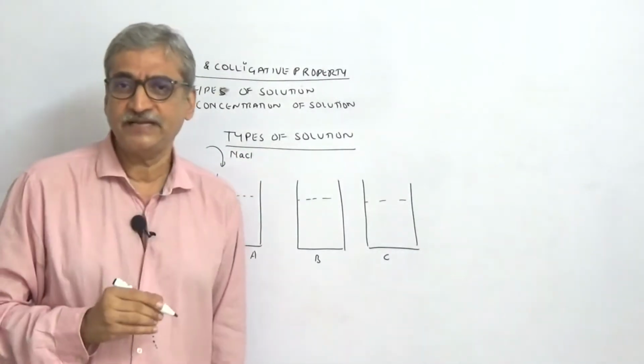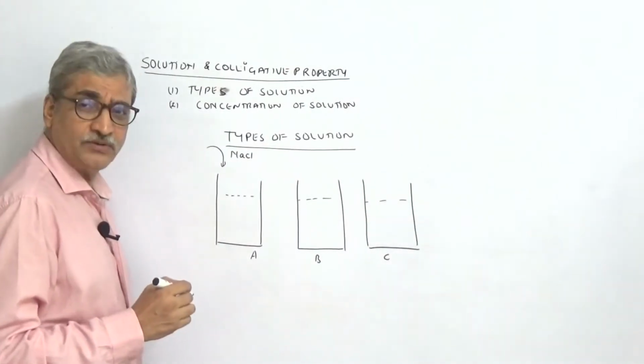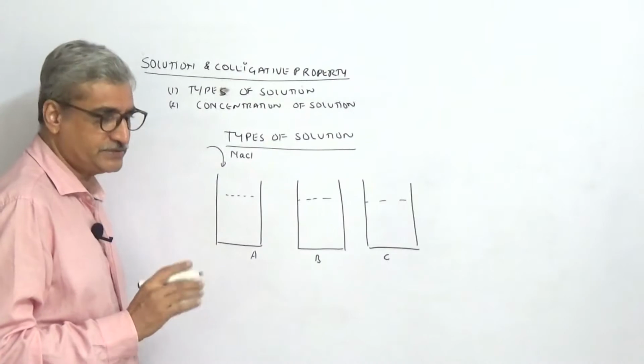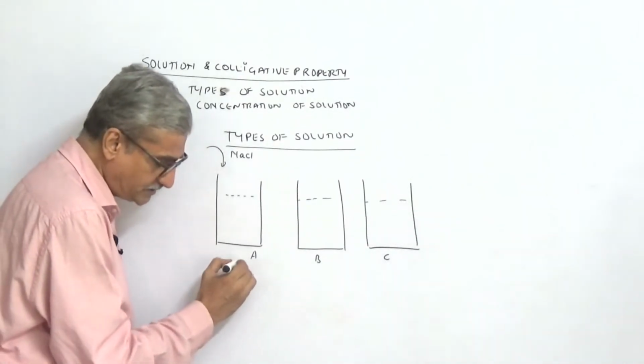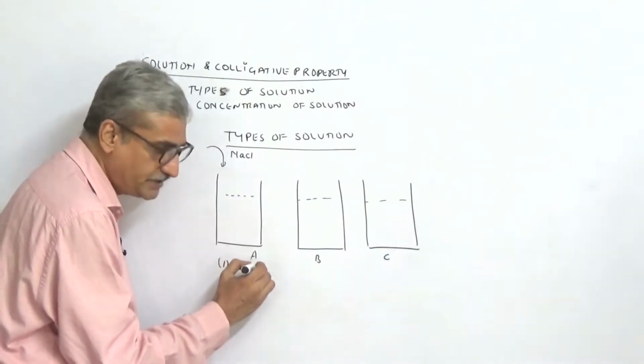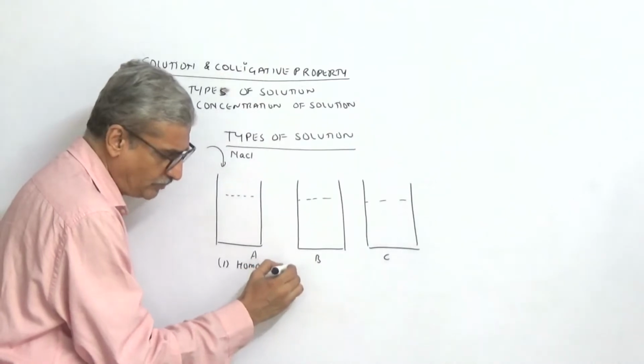We know what happens: it dissolves and dissociates completely. So the first thing we said was it is a homogeneous solution. Not solution, sorry, it is a homogeneous mixture.